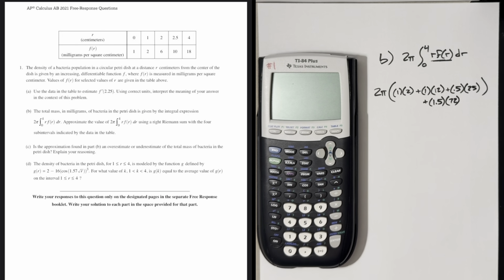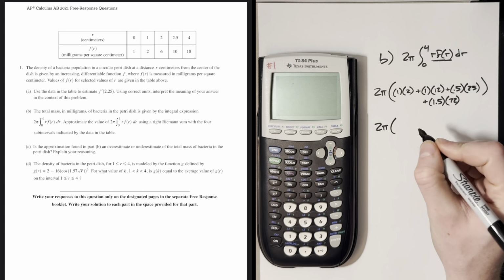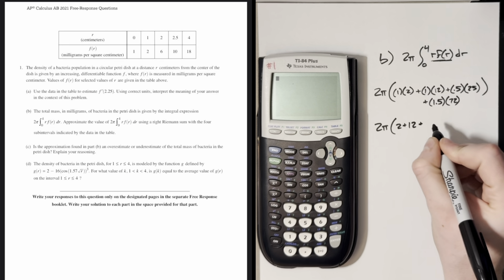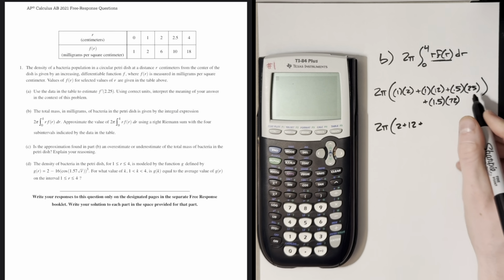Now, you could either do this in your calculator, type all this stuff out. I like doing some arithmetic just for the sake of it, so I'll multiply this out. I get 2 plus 12. Half of 25 is 12.5, and 1.5 times 72 is 108.